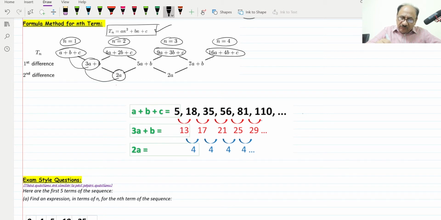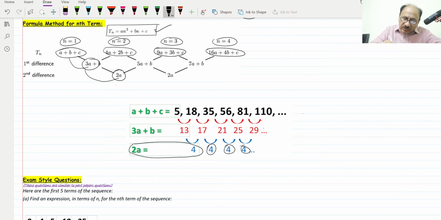The first differences will be 13, 17, 21, 25 and 29. And the second differences will be 4, 4, 4 and 4. So basically the second difference is 4. We always write that the second difference is equal to 2a. In this case the second difference is 4, so we write 2a is equal to 4.